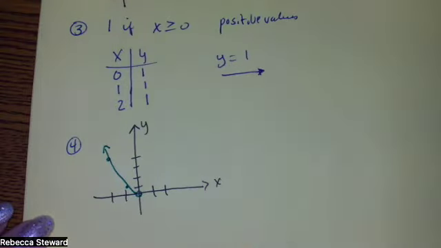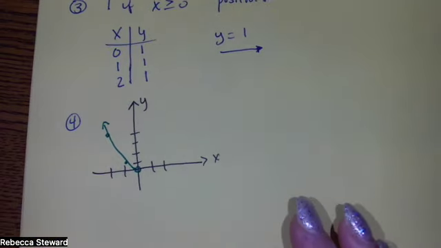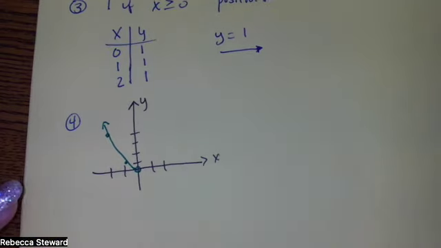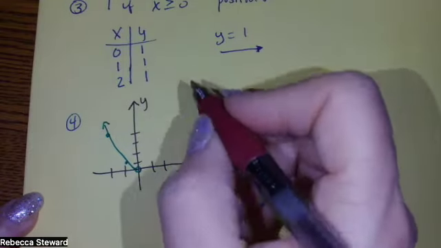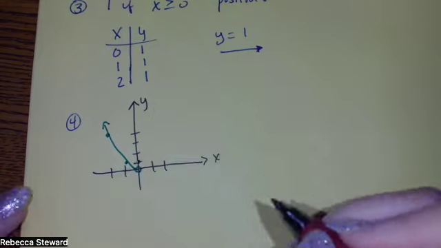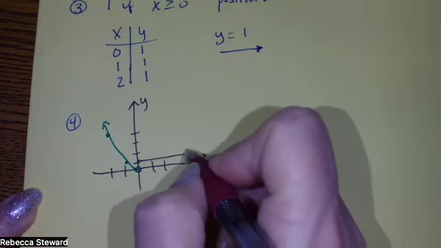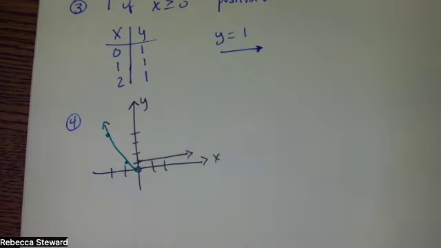That's the half of the parabola that is defined by our function, by our parameters. The other part of the graph is going to be at y equals 1. I made that point a little bit too low, but that's okay. So it's going to be a closed circle there and go straight out. And there's your graph.